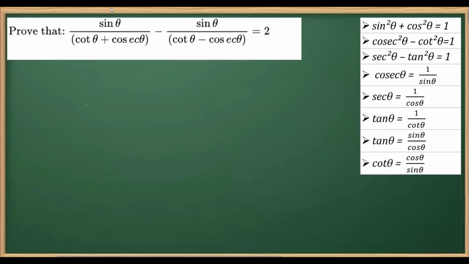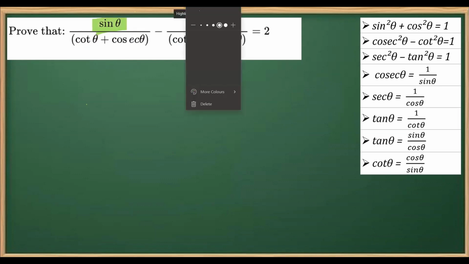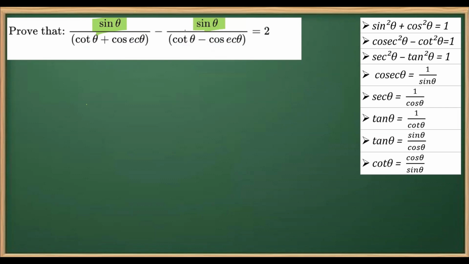In the next question, I can see the LHS is in terms of sine theta, cot and cosec, and we have to simplify and reduce it to 2. What I have observed is that sine theta is coming common. I've seen that many of you do not take this as important, and you start simplifying by converting into sine, cos, or whatever other methods.